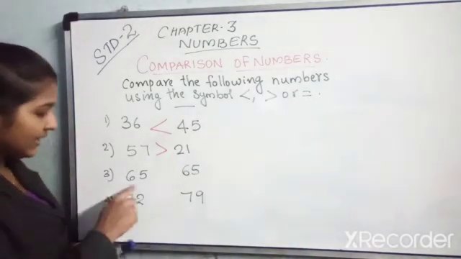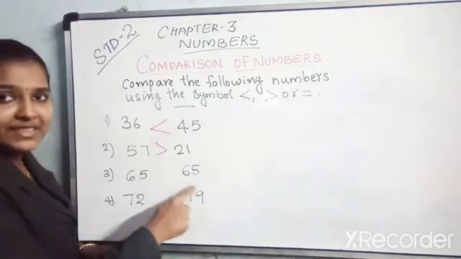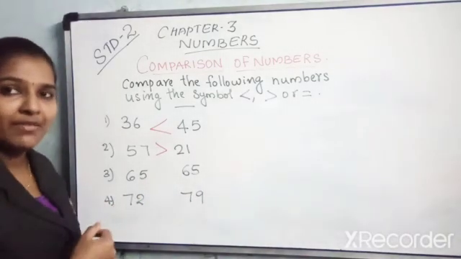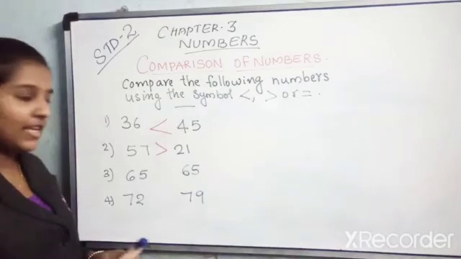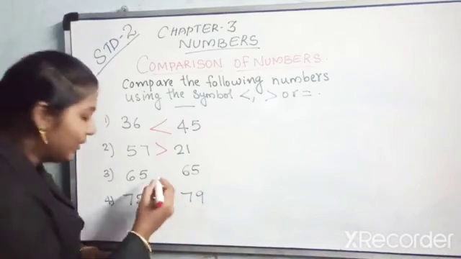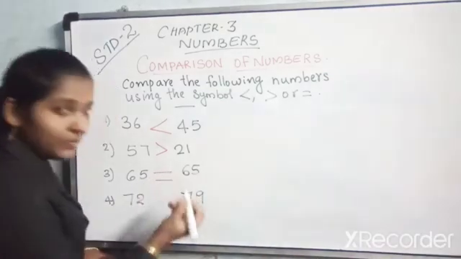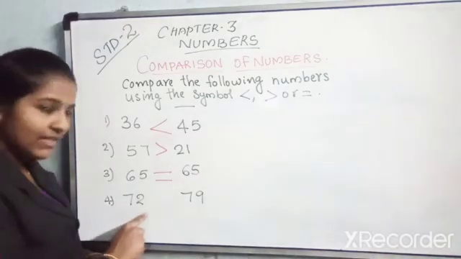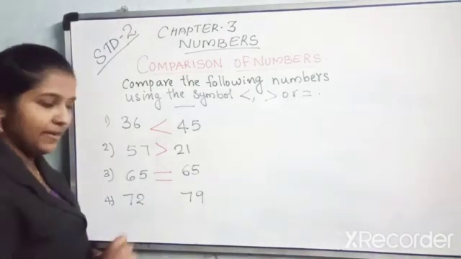Now, next question, 65 and 65. Both are same numbers. So which symbol do we have to put? Yes, if the numbers are same, then we can put the equal to symbol.